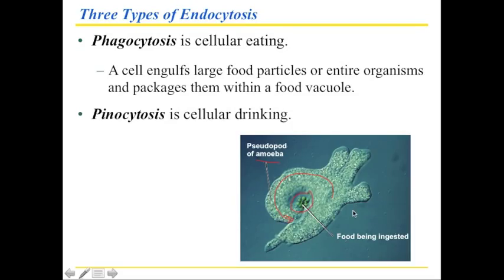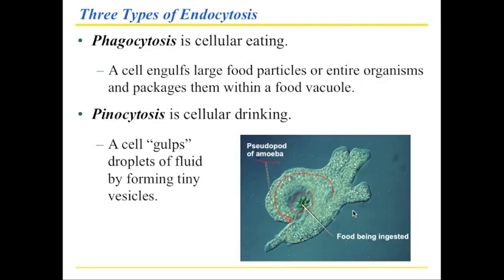The second of these is called pinocytosis, and pinocytosis is cellular drinking. When you have droplets of fluids or oils being brought in, they can be brought in not by engulfing, but by literally merging with pieces of the membrane.